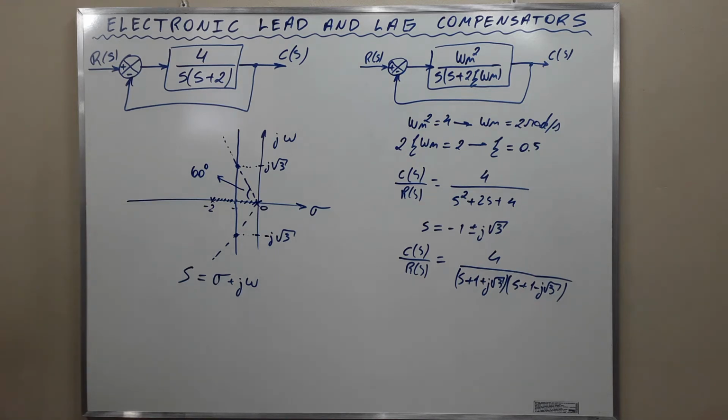The damping ratio of 0.5 requires that the complex conjugate poles lie on lines that make plus or minus 60 degrees with the negative real axis, okay?